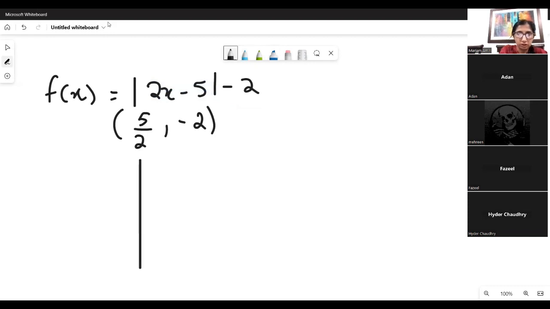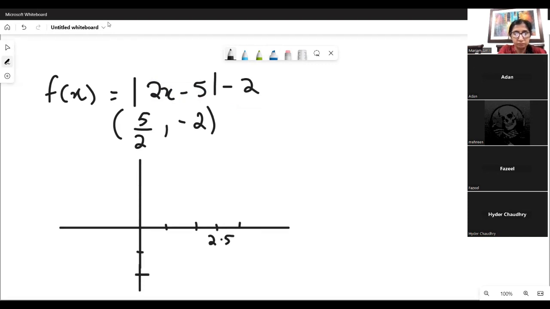Let's try to sketch the graph. So 2.5 roughly here somewhere 1, 2, 3, here somewhere 2.5, and then -2. It came here. So I just need 1 second.